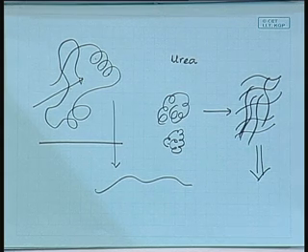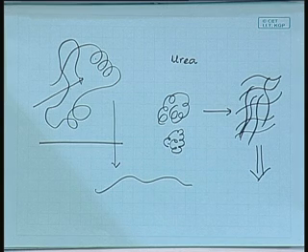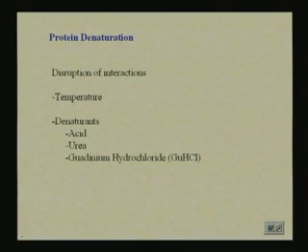We can also add different denaturants, for example, acid. How is acid going to disrupt the interactions? Or we could add urea, or guanidinium hydrochloride. Okay, so what can we do?